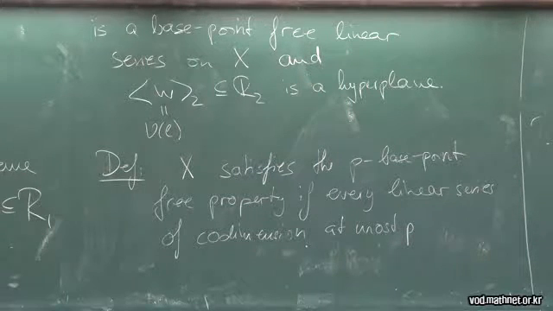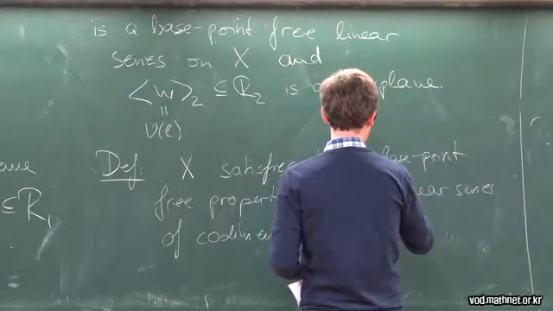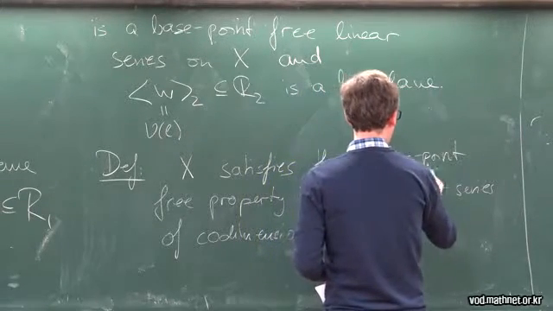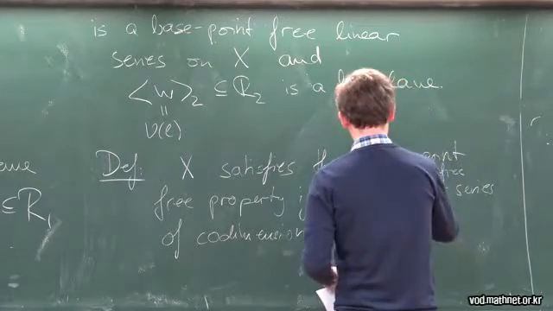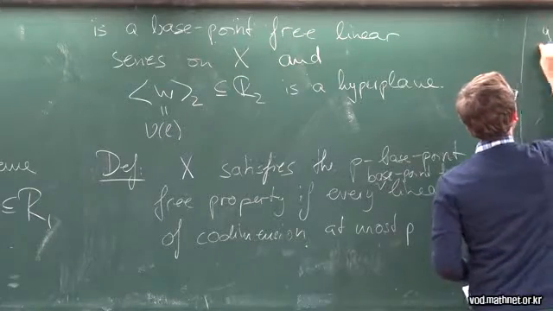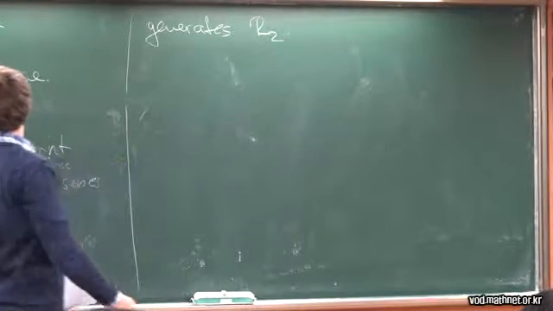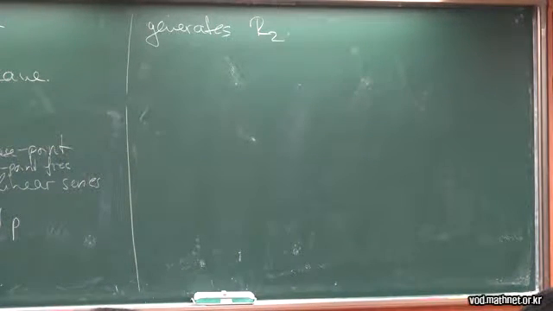Otherwise there is no chance that every base point free linear series of codimension at most p generates R2. So meaning these kernels cannot exist, because there are no base point free linear series that generate the hyperplane, all of them generate everything.